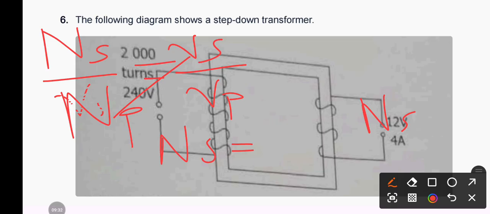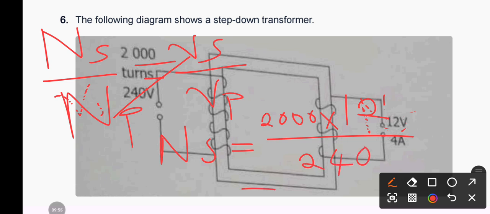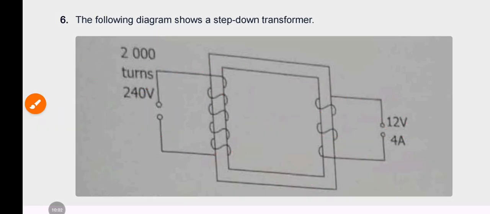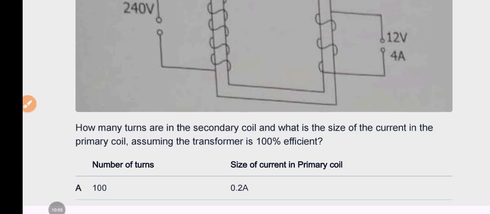So we have number of turns in the primary coil, remember, is 2000 times the voltage in the secondary coil, which is 12 volts, over the voltage in the primary coil, which is 240. If I do my calculation there, I'm having number of turns in the secondary coil to be 100. Remember, this question has two parts.